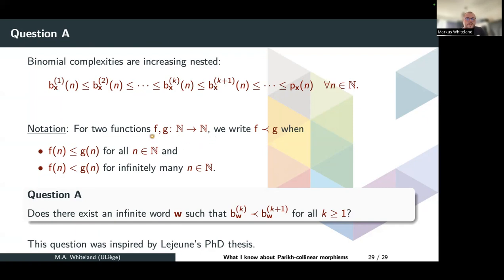So here, let's take two functions from the naturals to naturals, and we write f is smaller than g whenever f is always bounded by g for all n, and for infinitely many n, we have a strict inequality. And Lejeune's question essentially was: does there exist an infinite word for which you have this relation for all k?